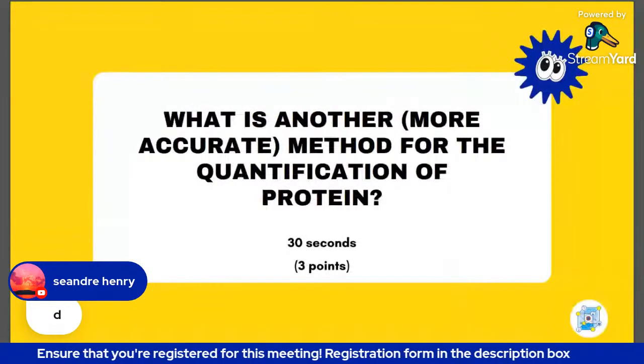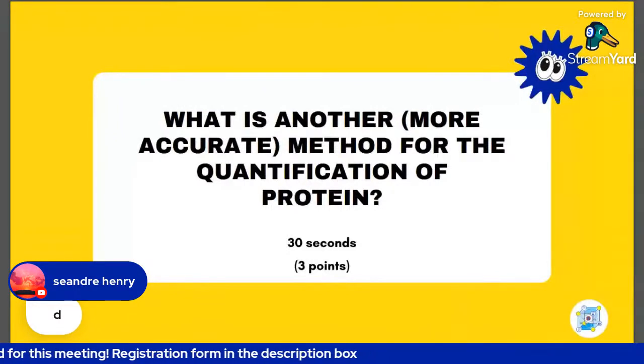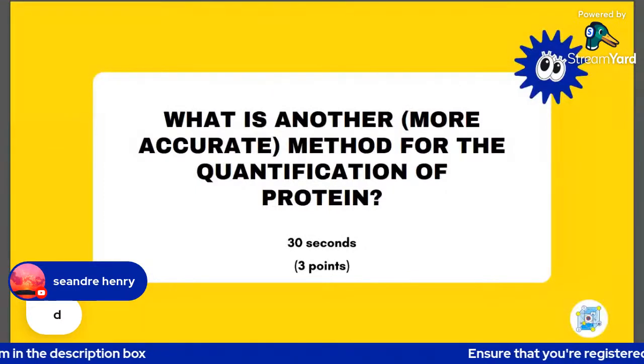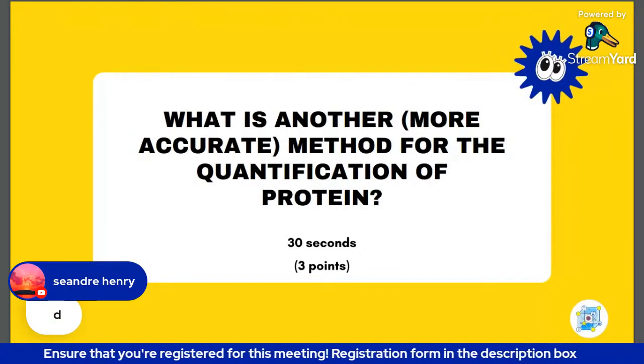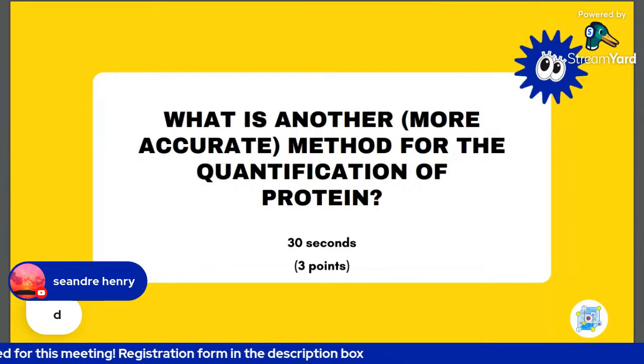All right, so you have 30 seconds to tell me another and more accurate method of quantification of protein. And the time started already because you already did the question. So you have 10 seconds left.